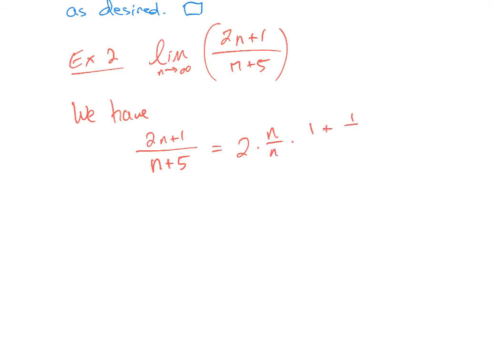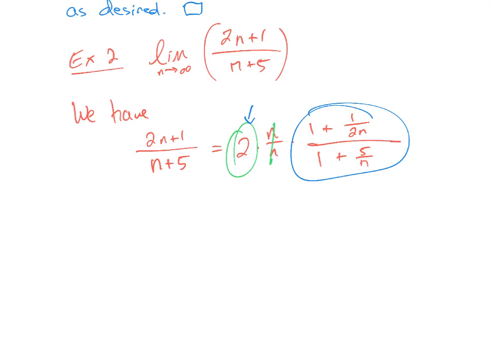Now, the n over n is just a 1. The 2 is just a 2. Okay, by our arithmetical properties of limits, the limit of the sequence is the limit of the constant sequence 2, which is just 2, times the limit of this sequence on the right.